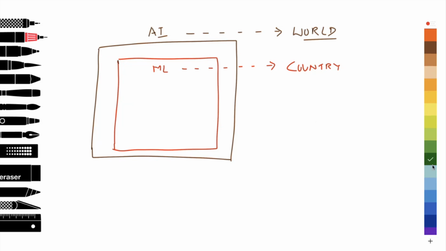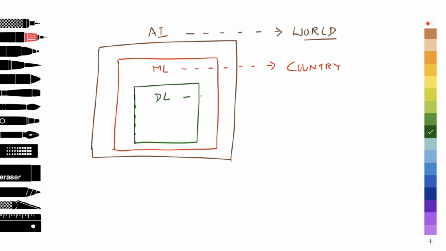So inside ML, we have a subset, and that subset is called DL. You can think of DL as a state, or let's say a city. Simple.